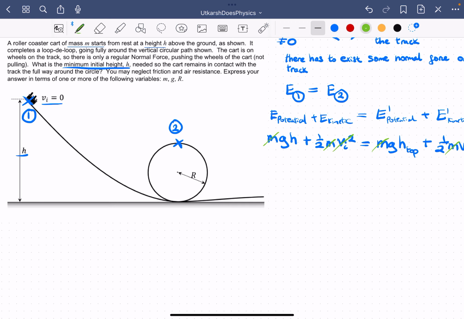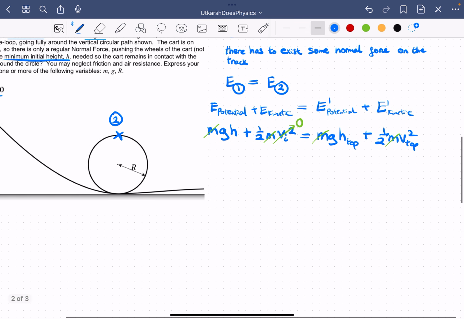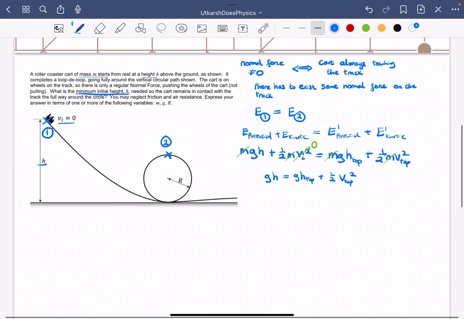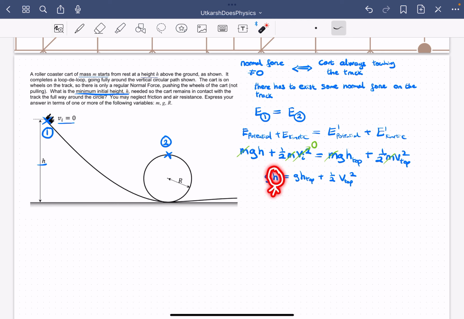So we know that this is 0. So just rewriting this equation again, just to clean it up a little, we have g times h is equal to g times h_top plus half times v_top squared. And again, we're solving for the initial height, h. So this is the term we're solving for.